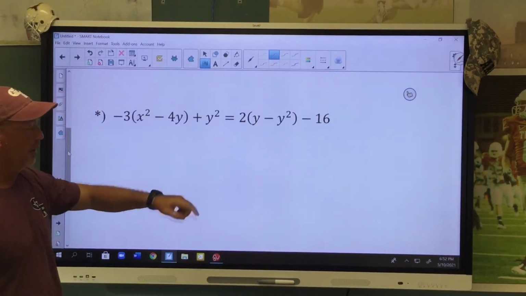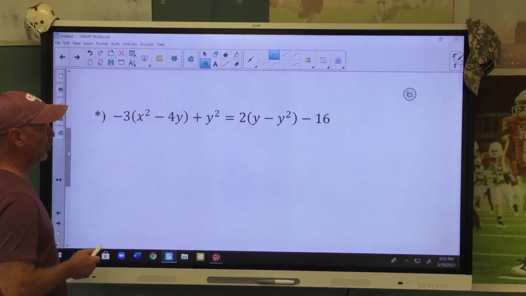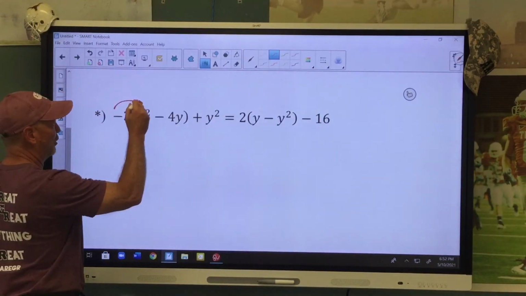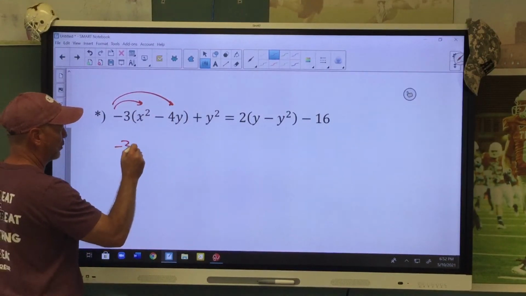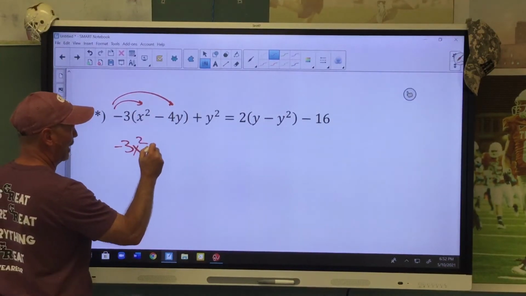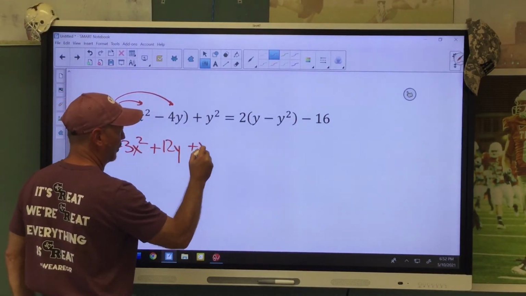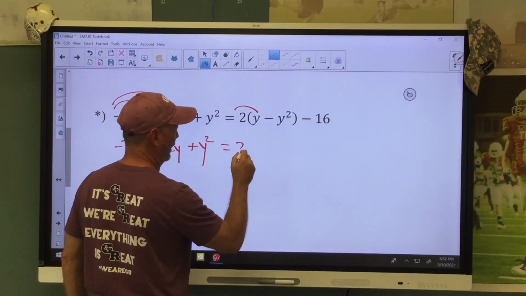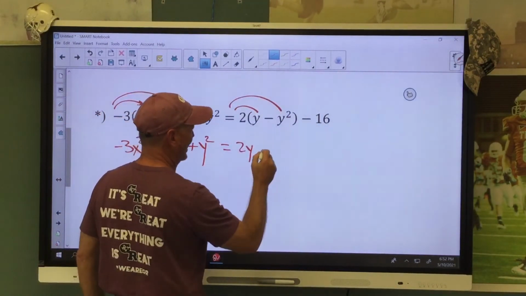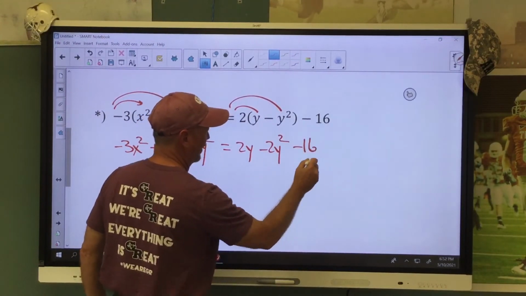Okay? Let's go to another problem. What if I give you something a little more complicated, a little trickier? I would ask you to do a little bit of math first. I would ask you to distribute. That would give me a negative 3x squared. This would give me a positive 12y plus y squared equals, distribute, you get 2y. Distribute, you get negative 2y squared minus 16.